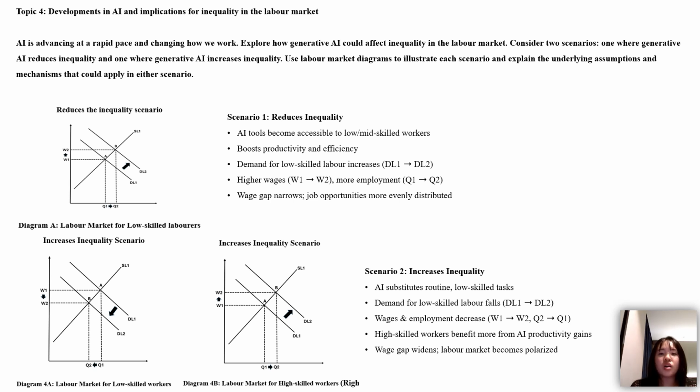Meanwhile, high-skilled workers use AI to boost productivity, driving up their demand and wages. This shift pushes the equilibrium in their favor, widening the income gap and increasing inequality. The labor market becomes more divided, with gains heavily tilted toward high-skill roles.